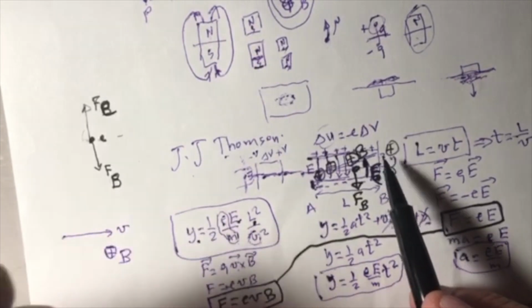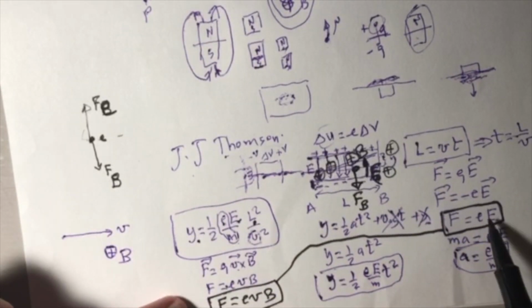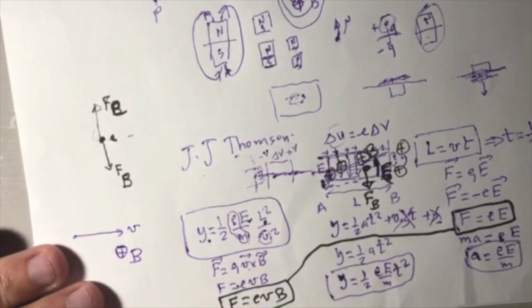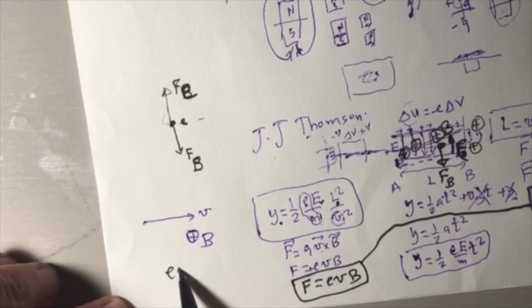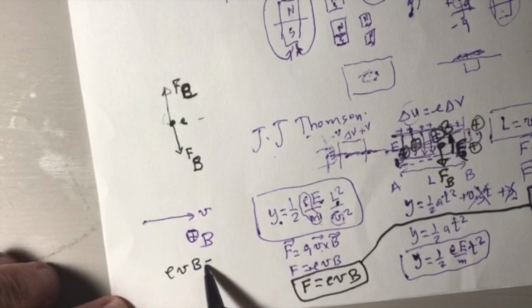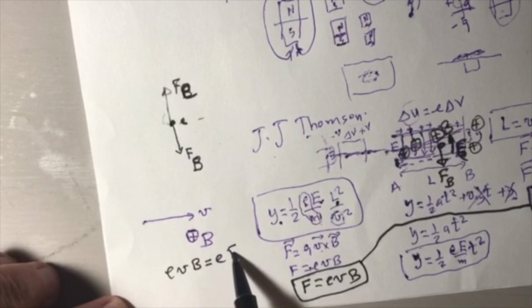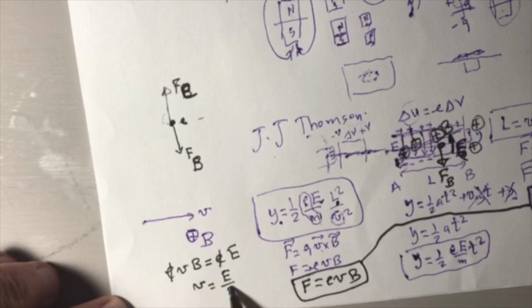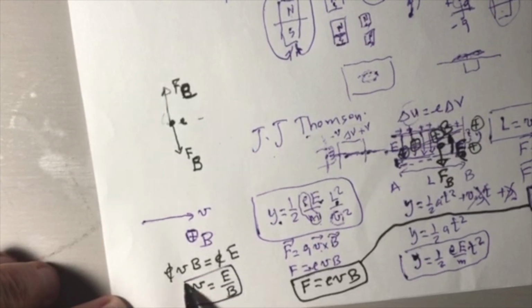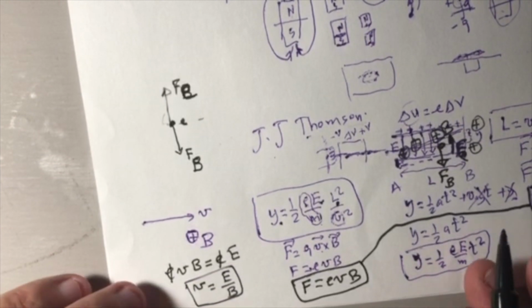So what he did, he made this force equal to that one, and in the equation you have eVB is equal to eE. Cancel small e, and then you have V is equal to E over B. And look, now he found the velocity.